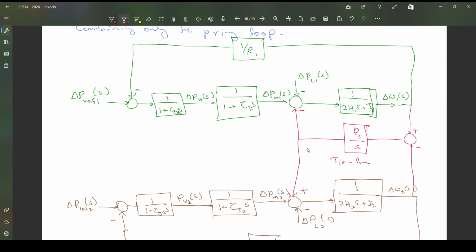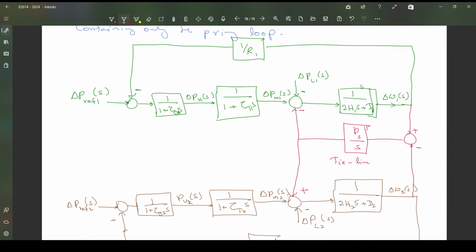So now you have two areas with automatic generation control connected through a tie line. You can actually implement this in MATLAB or Octave or Scilab, whatever you like, and then you can see how things will act when you change the loads in each area.